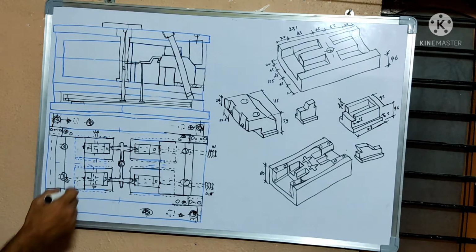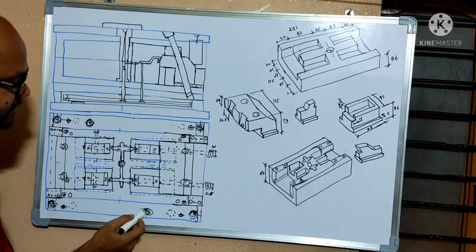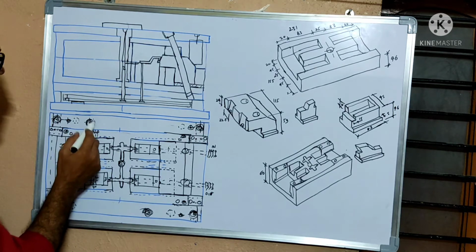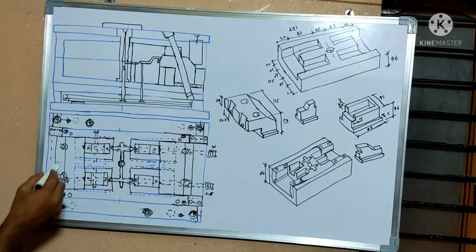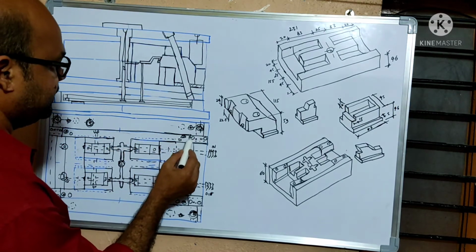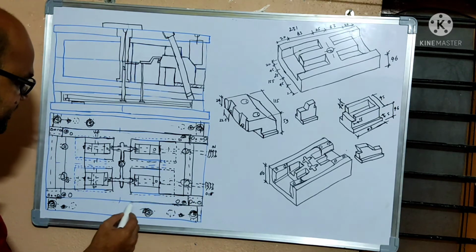Again you are observing here the ejector guide pillar, guide bush. These are placed symmetrically in the ejector assembly, 1 and 2. Along with this, among the elements of the mold, you are observing the insert. That insert, you are observing this insert.